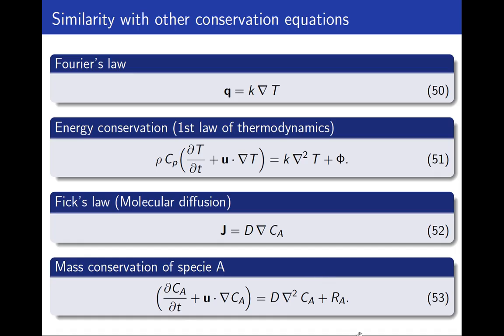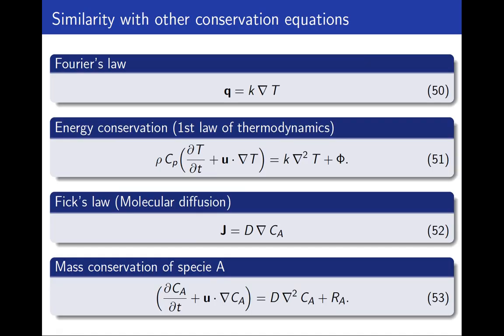So there might be some changes in the system that can modify the concentration of species A. Those changes can be caused by a chemical reaction, which is represented by R_A.